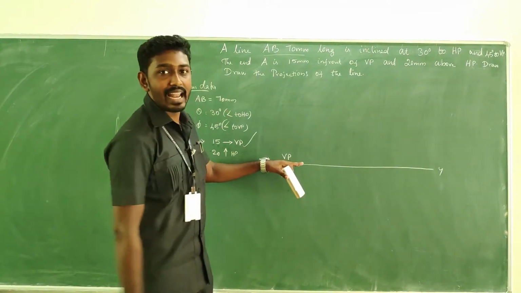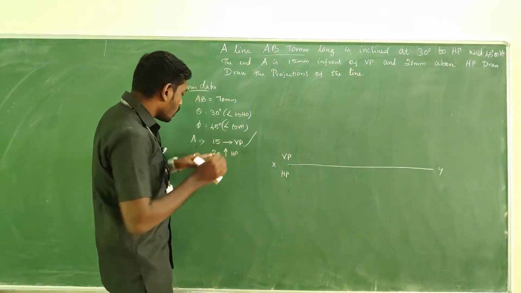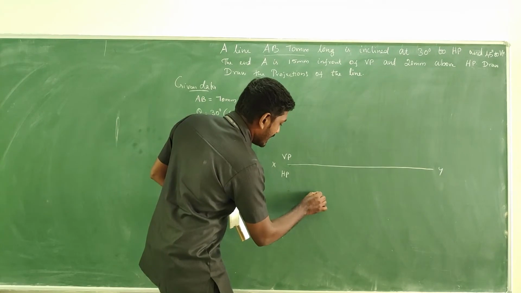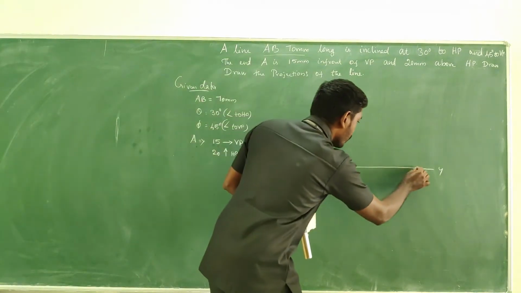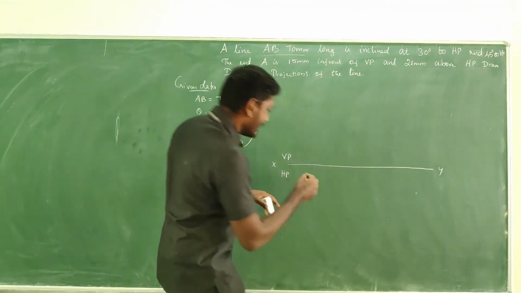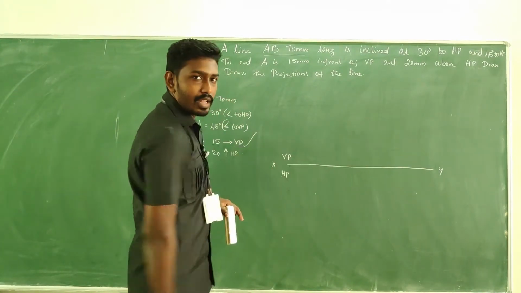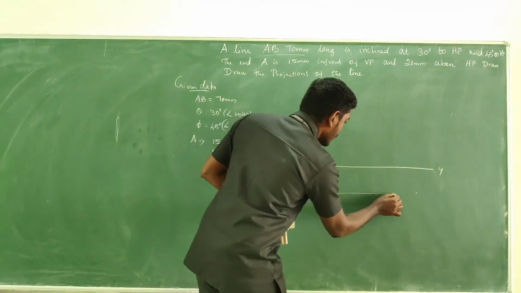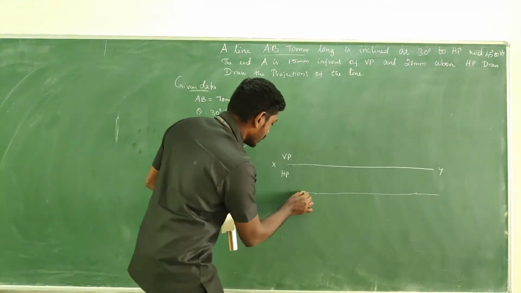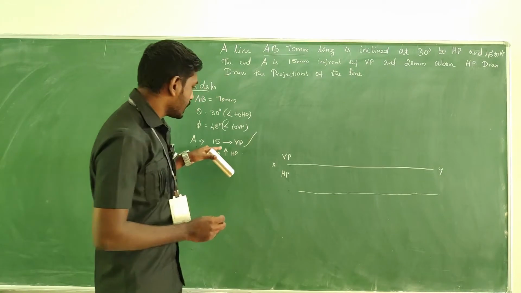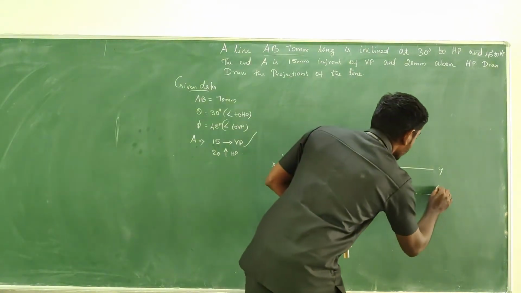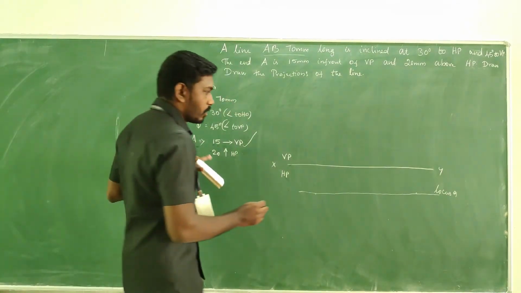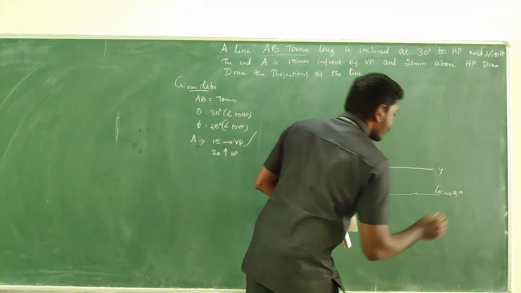From this line, measure 15 mm from both the ends with the help of a scale and draw a horizontal line passing through those points, so that we get the locus of A. It's the top view, so the locus of A.